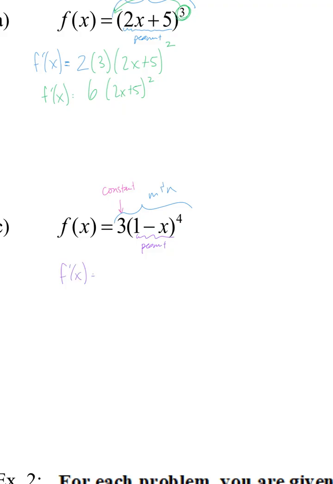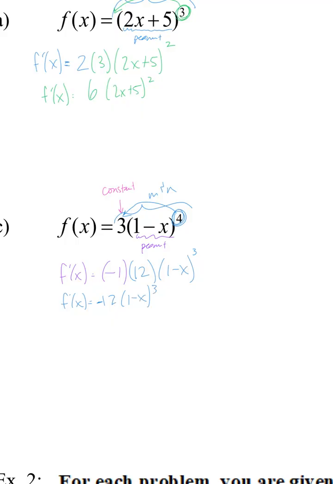The derivative of the peanut is -1. Doing the derivative of the M&M, I take that 4 and I multiply it by the constant that's out in front. That's 12. I keep the stuff that's in the parentheses, and then I subtract 1 from that exponent. So when I clean that up, I have -12 times (1 minus x) cubed.